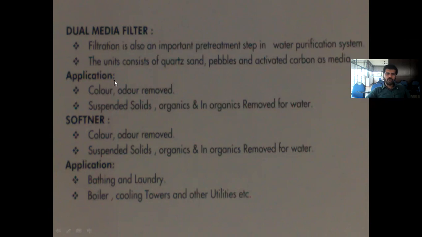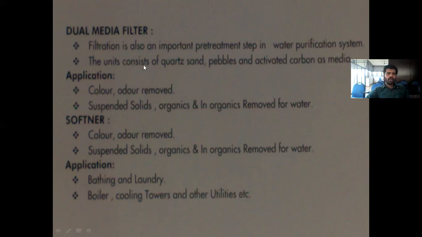What is present inside the dual media filter for purification of water? The unit consists of quartz sand, pebbles, and activated carbon. These are the main materials present in the dual media filter, and this helps for purification.